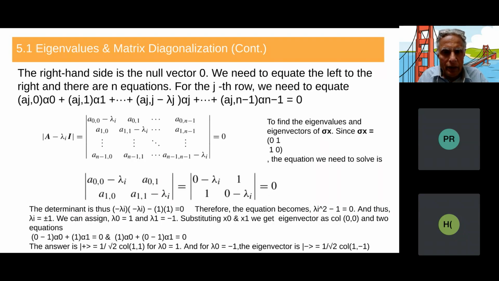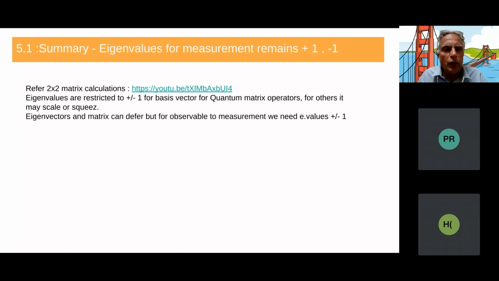We have many possible ways to measure for a 2 by 2 matrix.